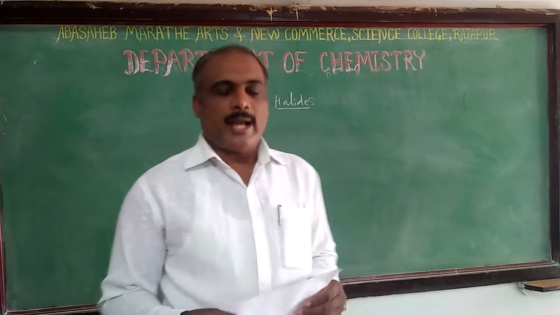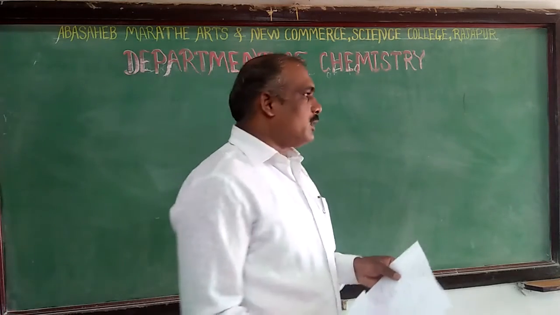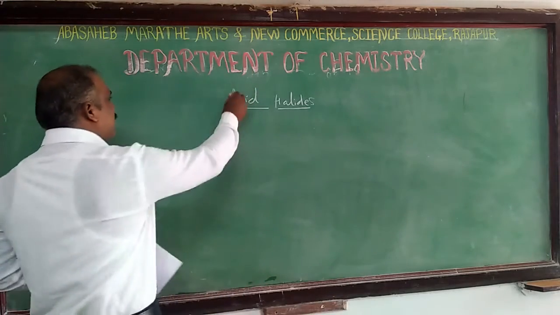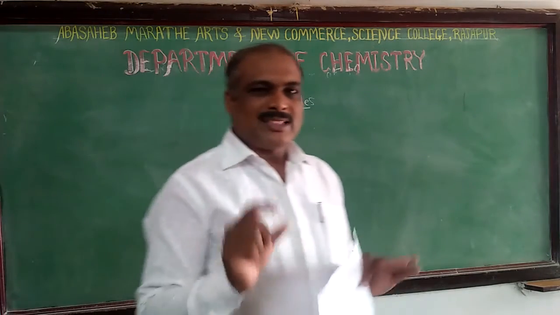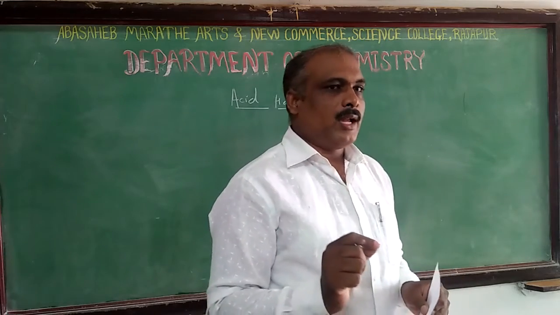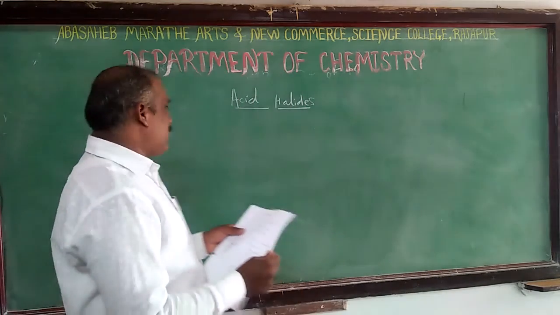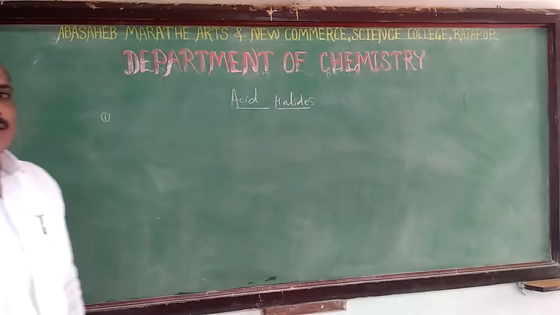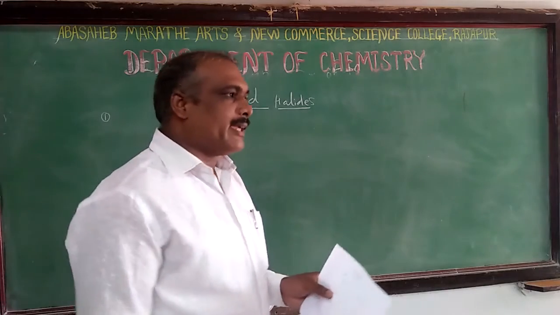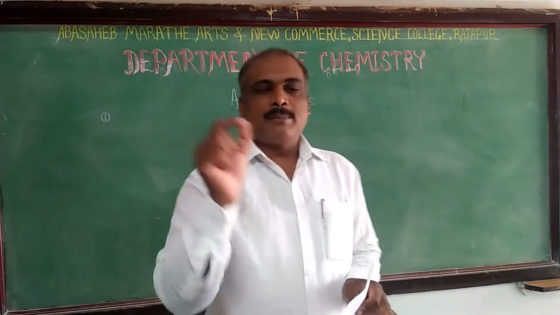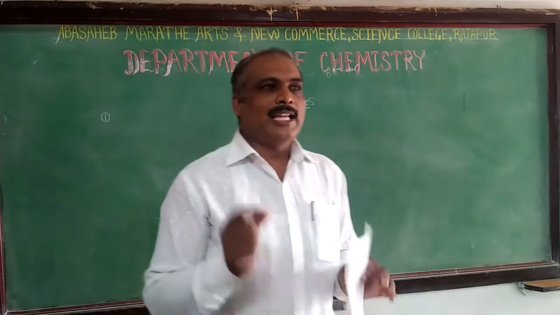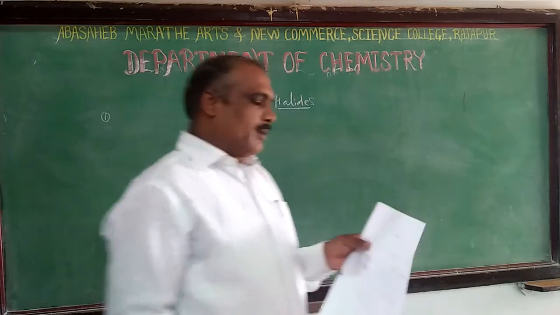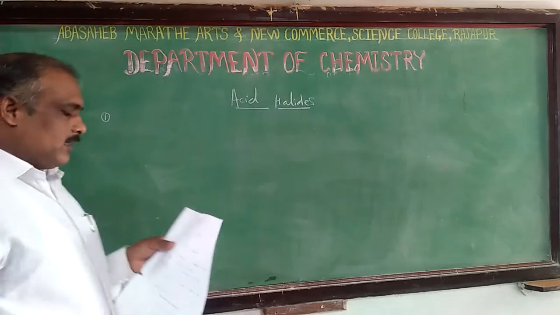IUPAC, International Union of Pure and Applied Chemistry, and these rules are common to all organic compounds, but some of the rules can be different, and these different rules we have mentioned here for acid halides: choose the longest chain of alkanes, give lowest priority to substituents, as well as lowest priority to the functional group. So these rules are common, but the only difference is in acid halides.